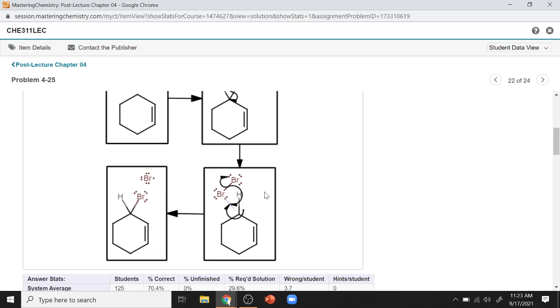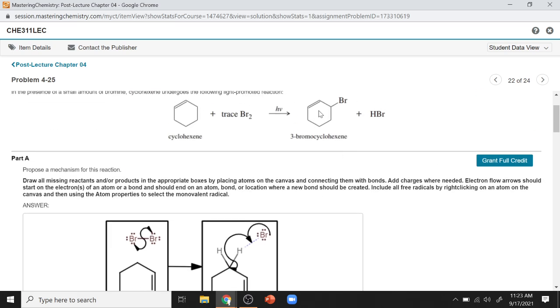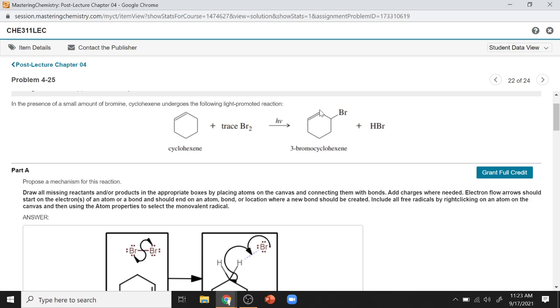Okay, and do you guys know why this, well, you don't need to know why in this case because it tells you which one it goes after. But this is the major product because it's next to the double bond. Remember where you did those resonance structures? Well, that's a resonance structure, right? And so that actually makes that more stable. Anytime you have a resonance structure, that's going to act to stabilize it.